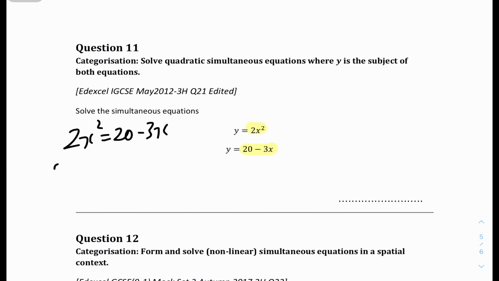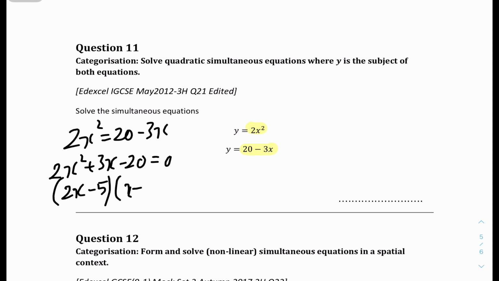We can bring everything to one side: 2x squared plus 3x minus 20 equals 0. And we can factorize it into 2 brackets: 2x minus 5 and x plus 4. Therefore x equals 5 over 2, and x equals minus 4.